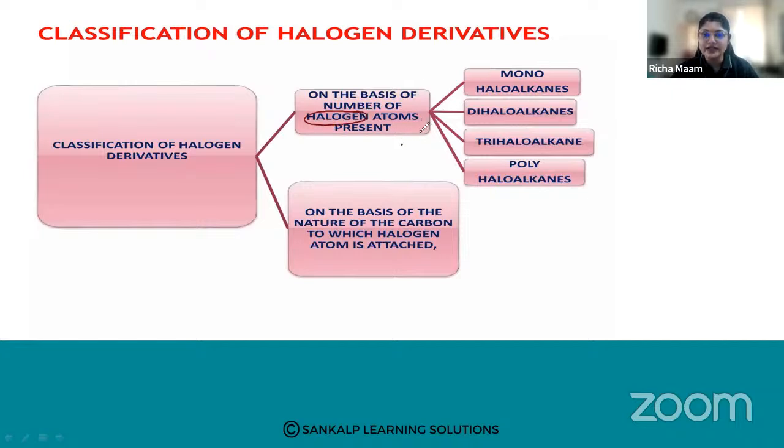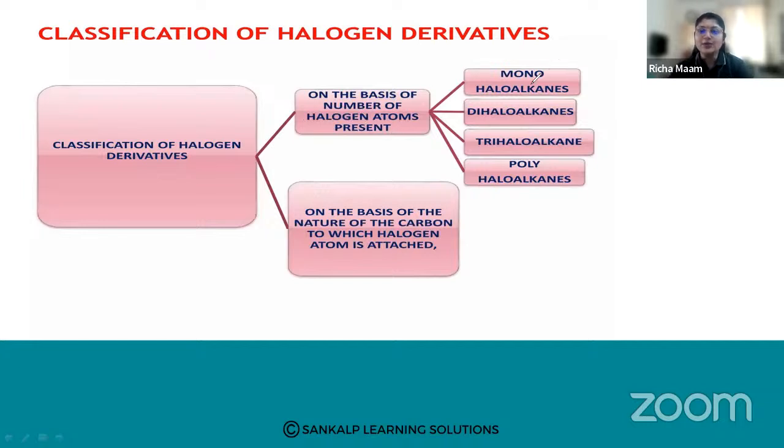The second is based on the nature of the carbon to which the halogen atom is attached, either an sp3 hybridized carbon or an sp2 hybridized carbon. So these are the two classifications. First is on the basis of the number of halogen atoms.